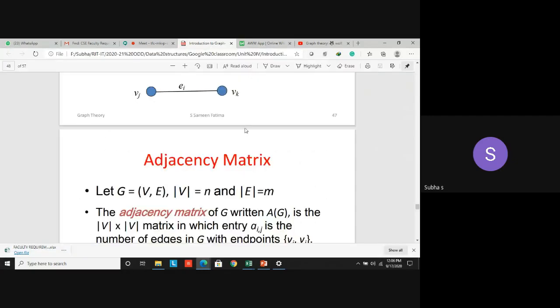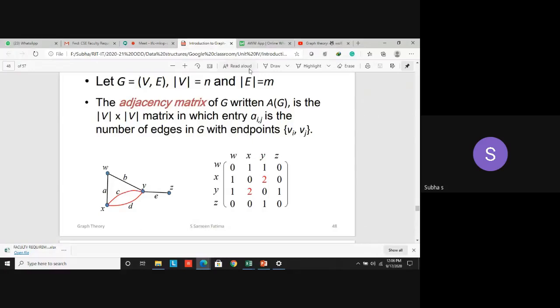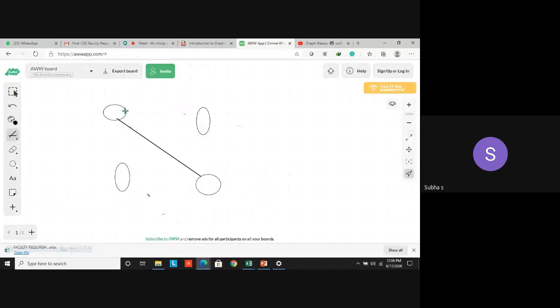They have mentioned a very big example, but let's see a simple one first. Name these vertices as 1, 2, 3, 4.